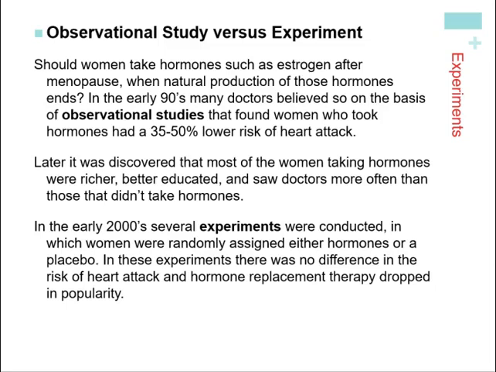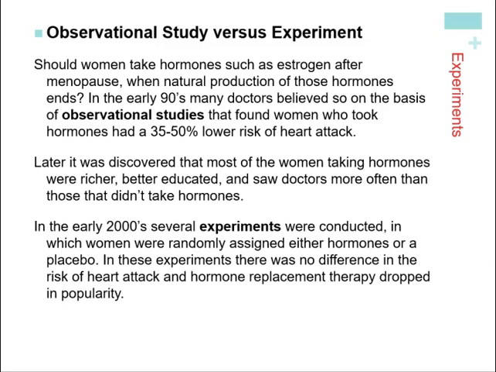So here's an example of why this is important. I want you to take a second and read through this information about hormone replacement. Okay, so in the 90s, they had some observational studies, basically where they were just following women who chose to have hormone replacement therapy versus those who did not, and they found that there was much lower risk of heart attack.